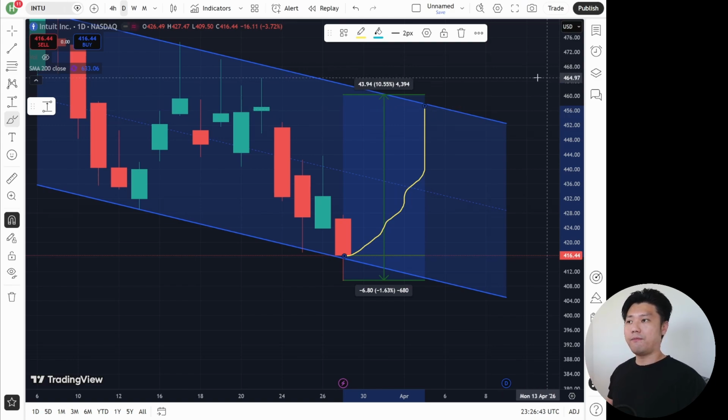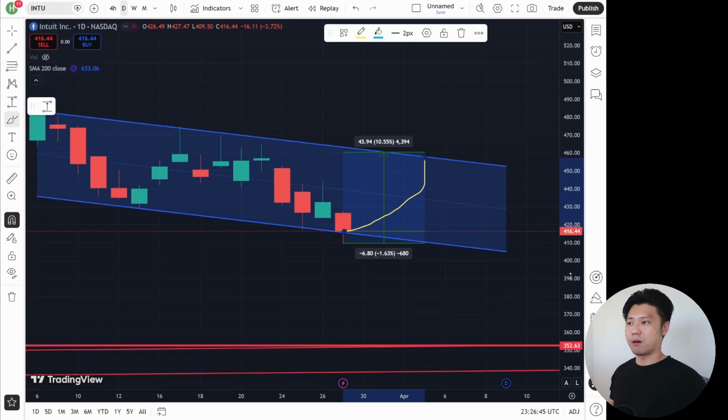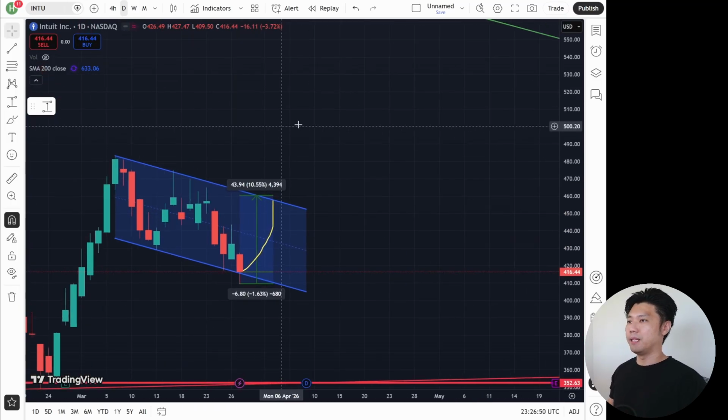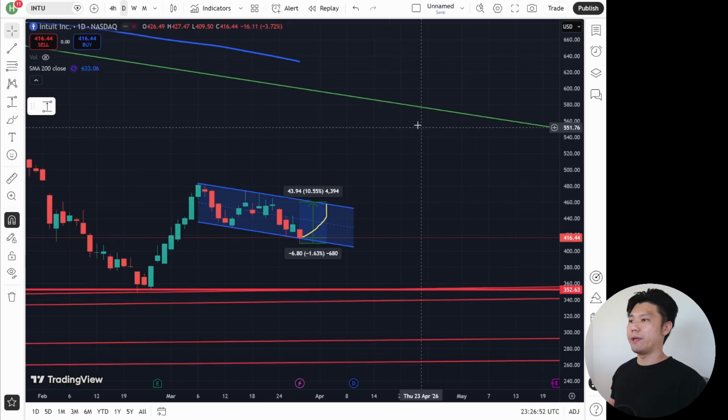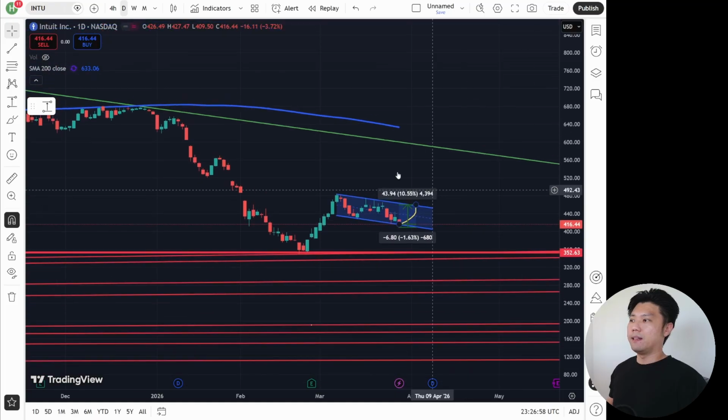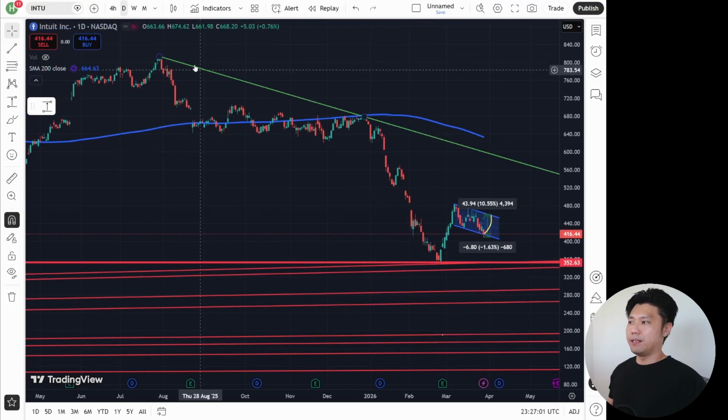Not only that, for the medium term, I believe the stock is going to go up to this downsloping channel. This downsloping trend line is tagging the all-time high right here, and then it also tagged the high over here before it dropped precipitously, this nasty drop.